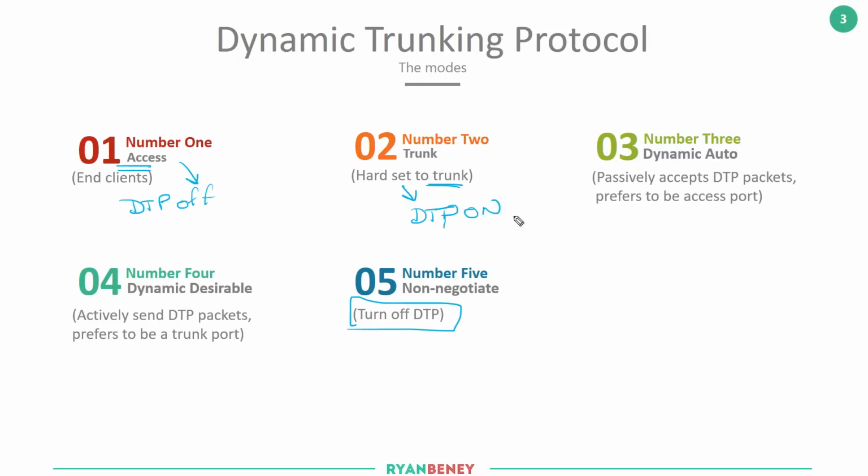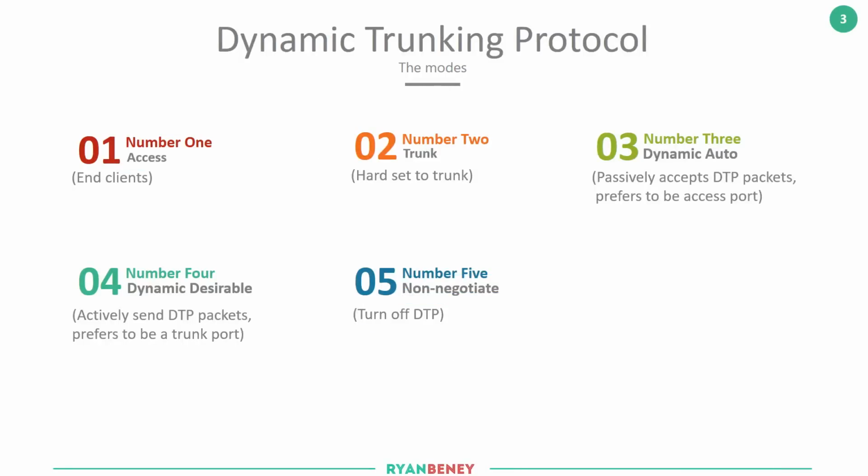There are a few benefits of actually turning off the negotiation, which include security, and lowers the overhead. What I mean by overhead is DTP packets are not sent, so it's less bandwidth, even though it's minuscule, it's something to keep in mind. And because we've actually hard set the trunks, it's just pointless sending out DTP messages providing both sides agree on it.